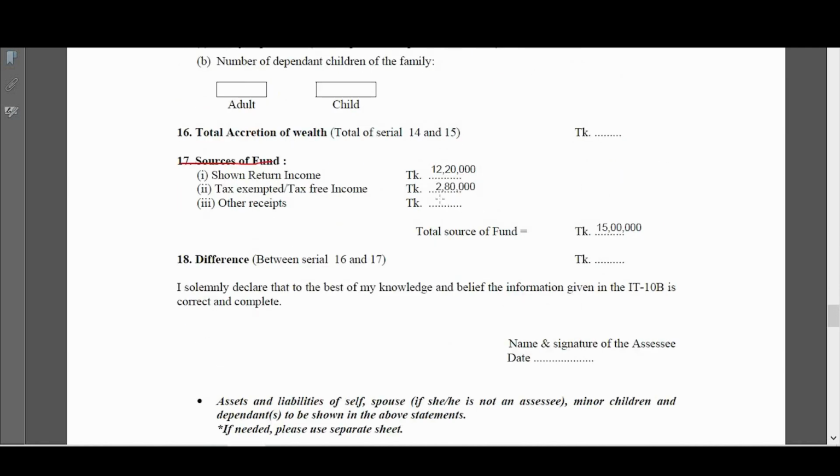What's our concern right now is, however, the tax-free income. Some people may have a part of their income, for example from their employer, the salary that they receive, that is not taxed basically. So in this tax return, it's 2,80,000.